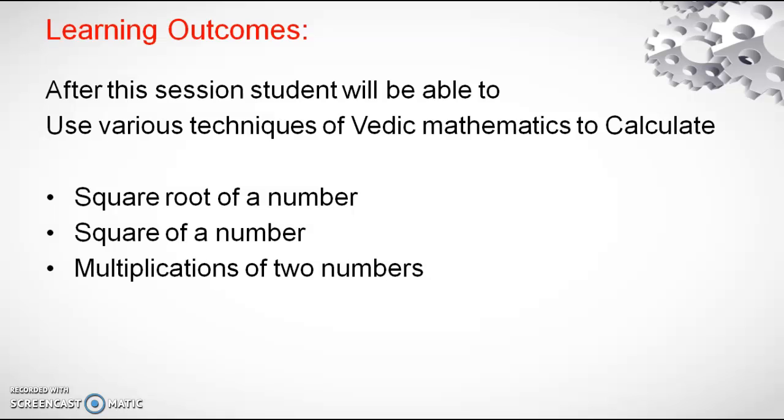I am sure that all of you know how to find square root of any number, square of a number, as well as multiplication of two numbers using our traditional method. But in this video, I am going to show you some shortcut as well as easy technique to find these things.